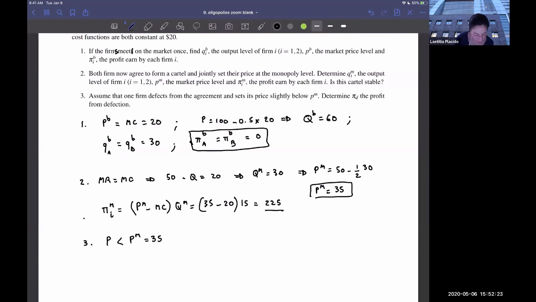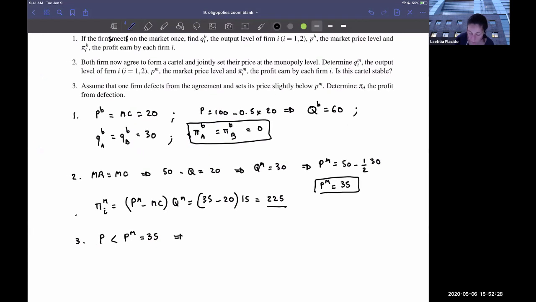All right. So by doing so, what is the profit from deviation for the firm that deviates? Well, the firm sets the price just a little bit below 35, let's say 34.99. For simplicity, we'll assume that it's close to 35. And it gets all the demand, right? Because now it is charging the lowest price.